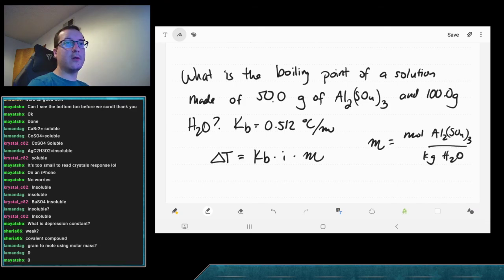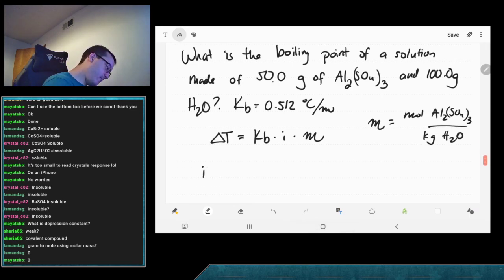Alrighty, so Kb we already have. What is I going to be for this compound? What is I going to be? When aluminum sulfate dissolves, how many particles come out? Is it going to be one like it was with the ethanol, or is it going to be something different?